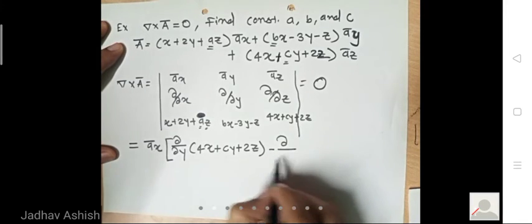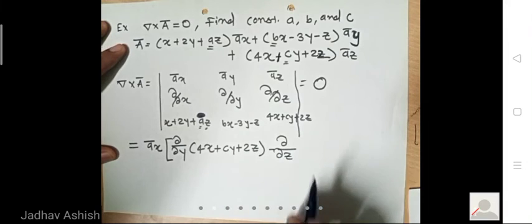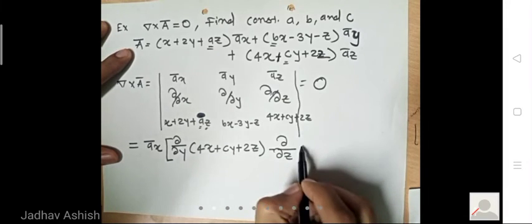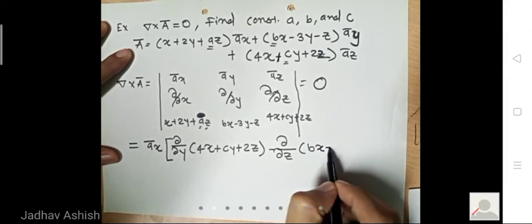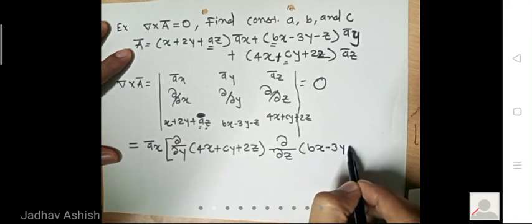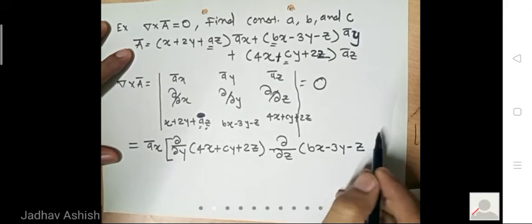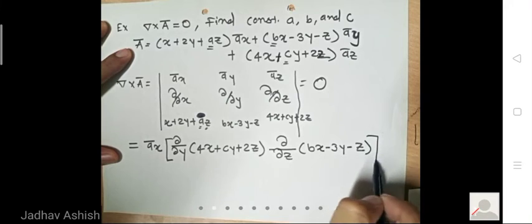Dou by dou z in bracket bx minus 3y minus z, right?